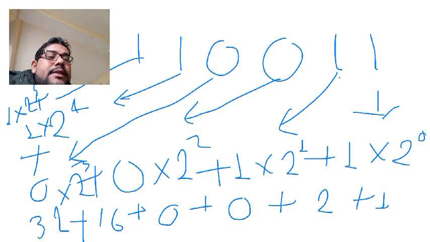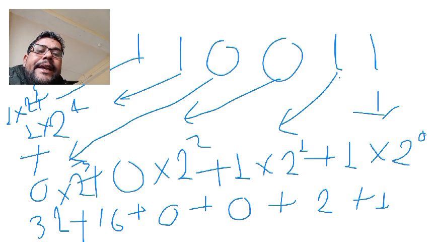So we calculate: 1 plus 2 is 3, plus 0 is 3, plus 0 is 3, plus 16 is 19.